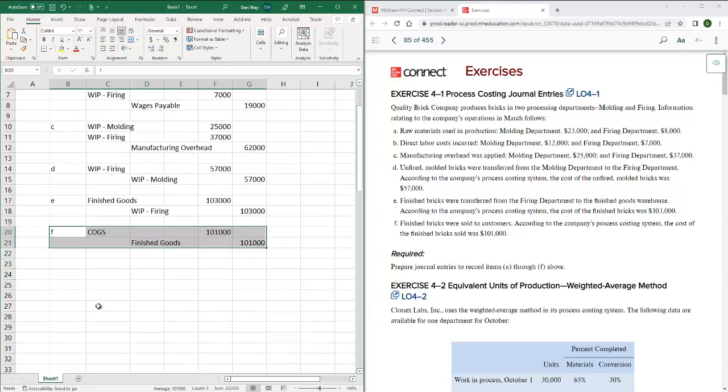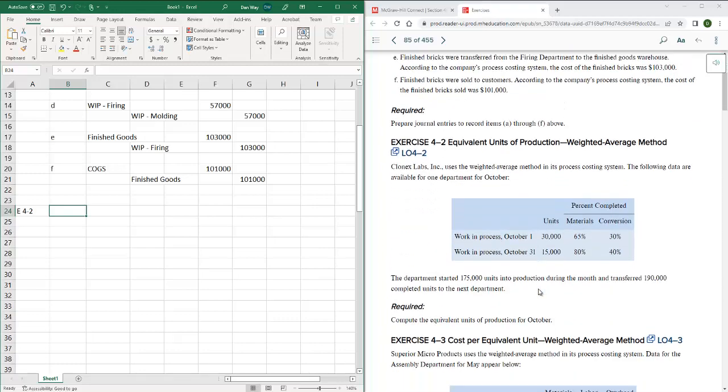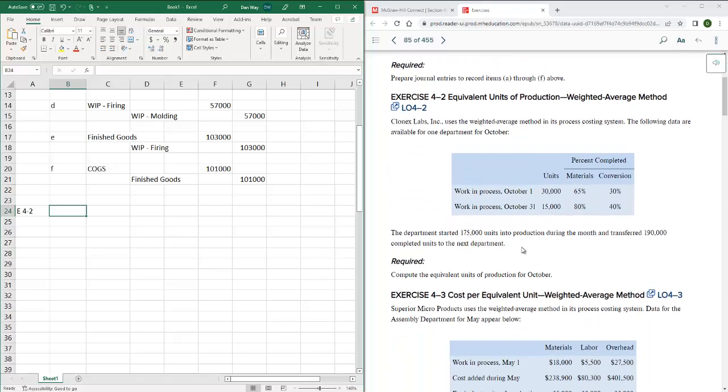All right, I'm going to jump ahead now to exercise 4-2. Get some practice in on this new concept for us in chapter 4, equivalent units of production. And by the way, we are only sticking to the weighted average method here, so that's why I didn't assign the appendix from this chapter. So 4-2 said Clonix uses the weighted average method in its process costing system.